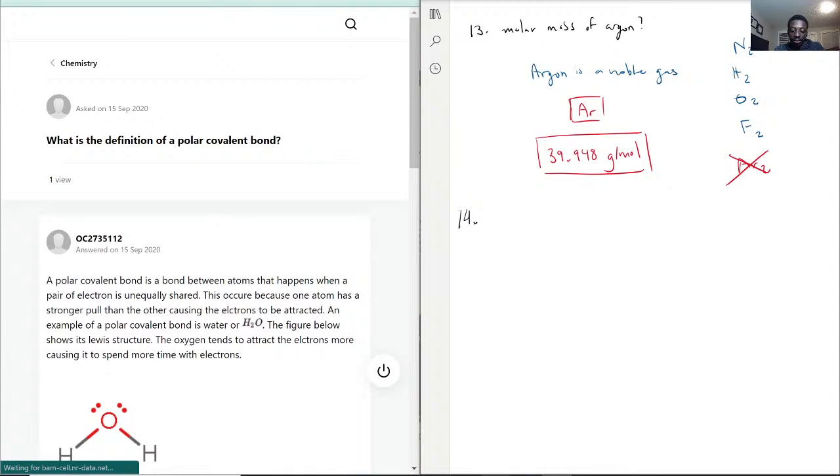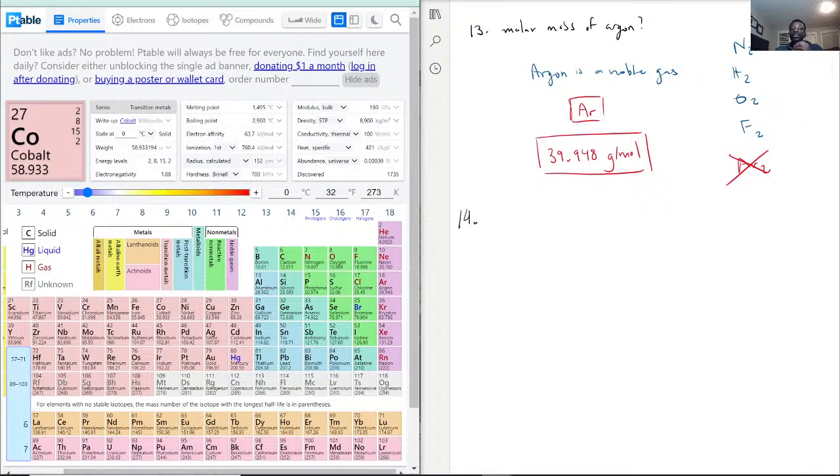What is the definition of a polar covalent bond? Now this is a doozy of a question, because there are many ways to define it. For example, let's give a visual example, NH3. Actually, that's not even the right thing.